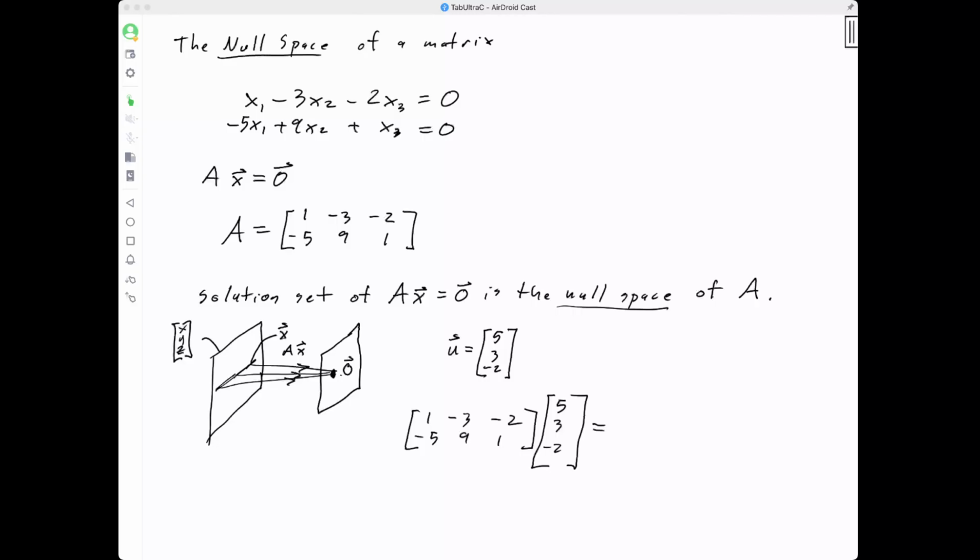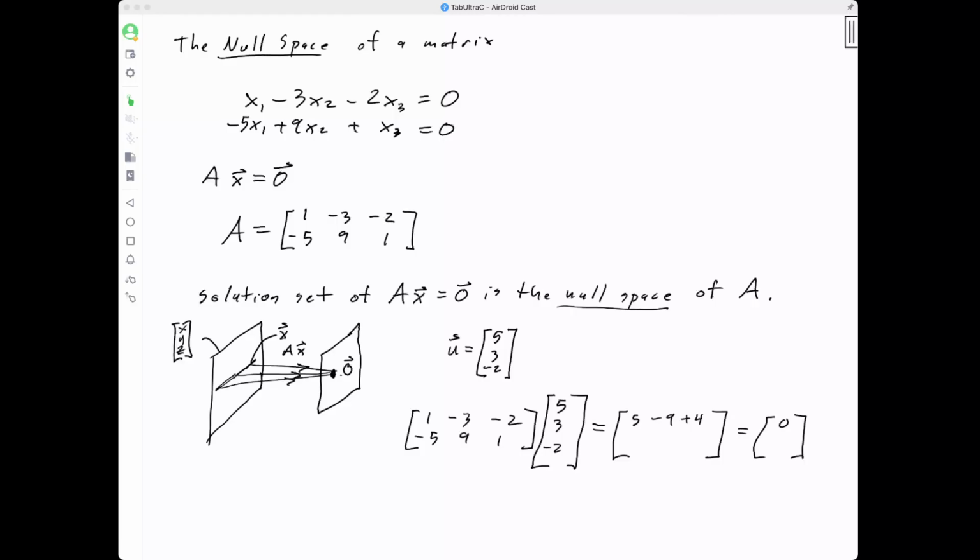If we multiply these together, we go across the first row and down the column. So 1 times 5 is 5, plus 3 times negative 3 is negative 9, so 5 plus negative 9 is negative 4, plus negative 2 times negative 2 is 4, so negative 4 plus 4 is 0. Or to write it out, 5 minus 9 plus 4, which is equal to 0.